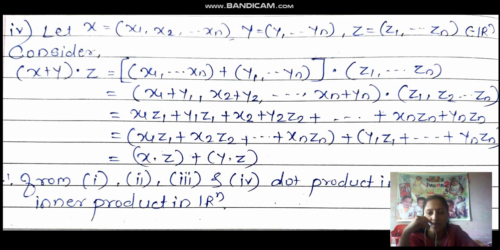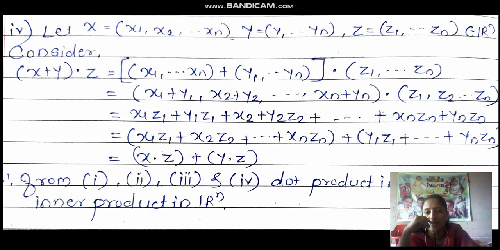By this we get x1 z1 plus y1 z1 plus x2 z2 plus y2 z2 and so on xn zn plus yn zn. Taking all the terms of product of x in the first bracket and all the terms of product of y in the second bracket, we get x1 z1 plus x2 z2 plus and so on xn zn plus y1 z1 plus y2 z2 and so on yn zn.